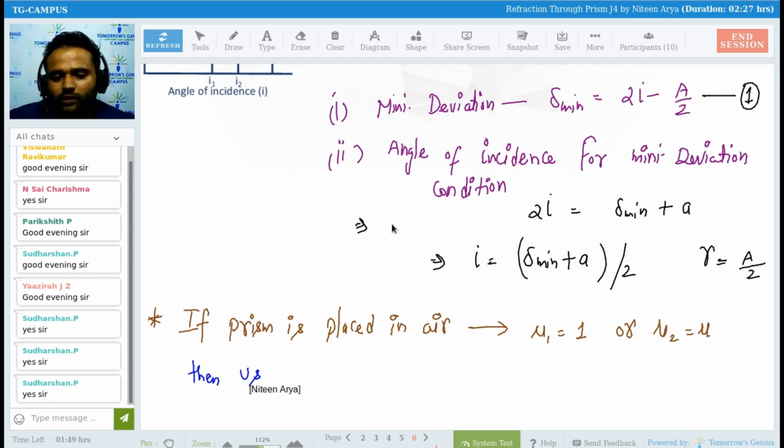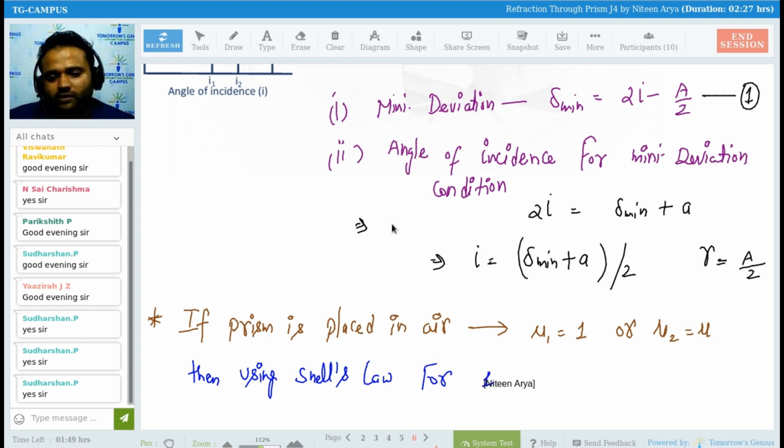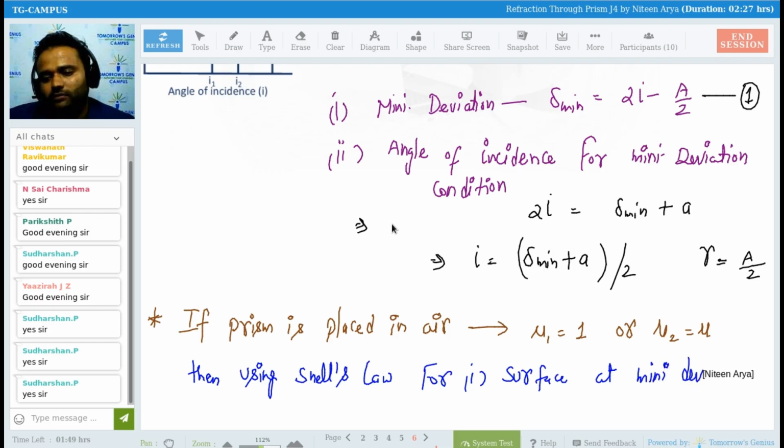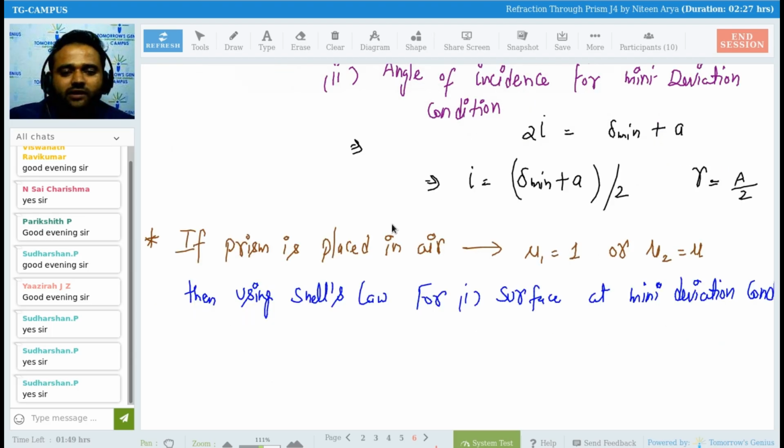Then using Snell's law for the first surface at minimum deviation condition. First of all, what is Snell's law at the first surface?